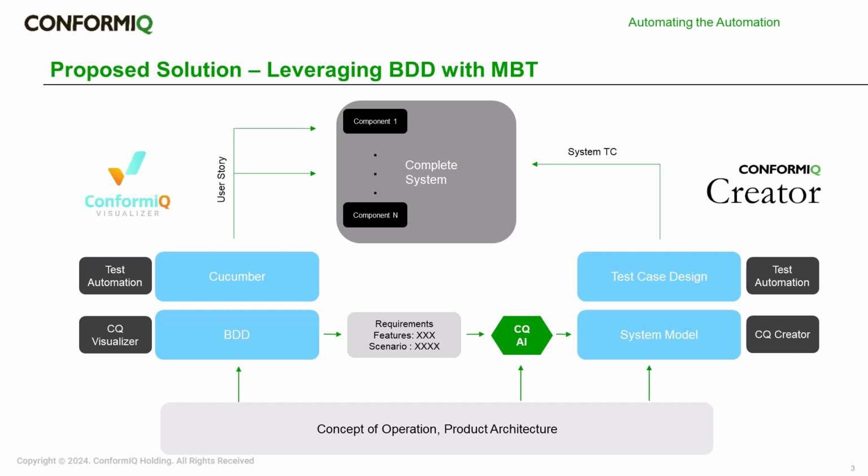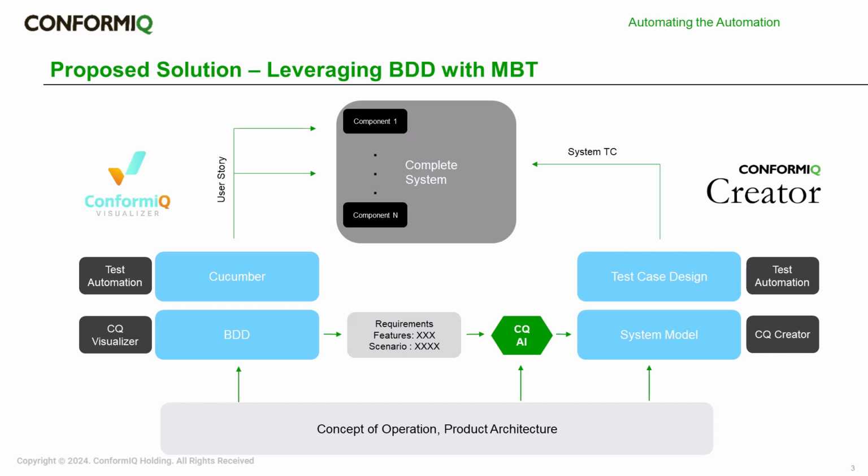And now we also have this end-to-end approach where we are merging and mixing the two tools together. So let's say you have multiple components. You also have a description of how your system should work in the external world.